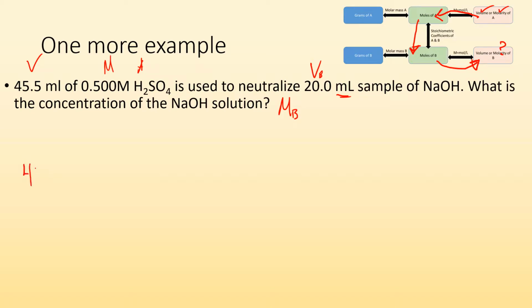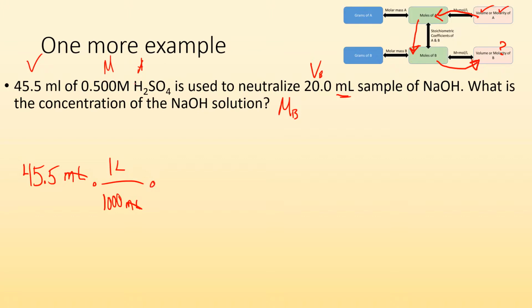First, I'm going to do 45.5 milliliters. I got to convert that to liters. So I times that by 1 liter over 1,000 milliliters. So now I got the equivalent liters.